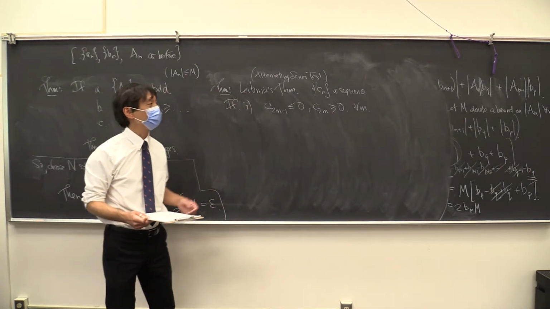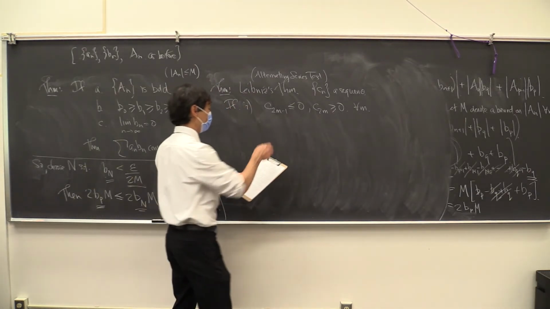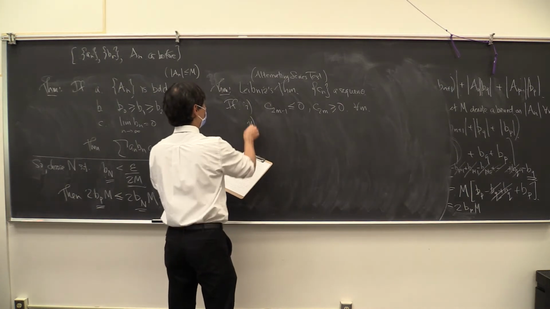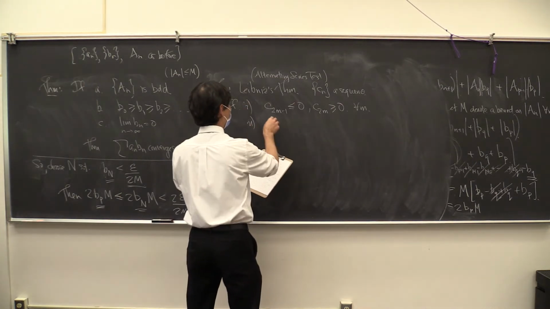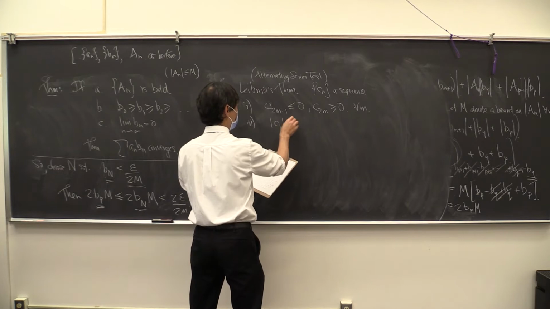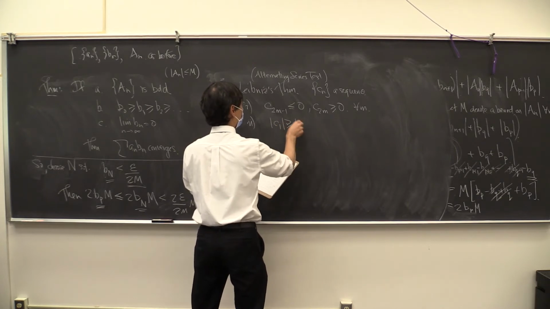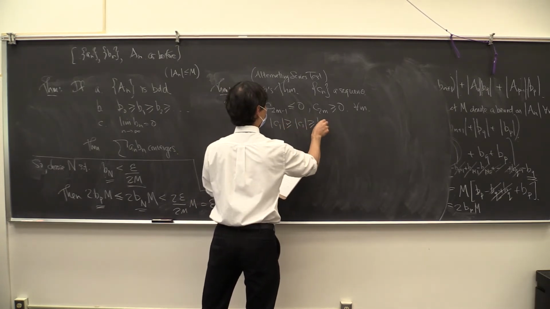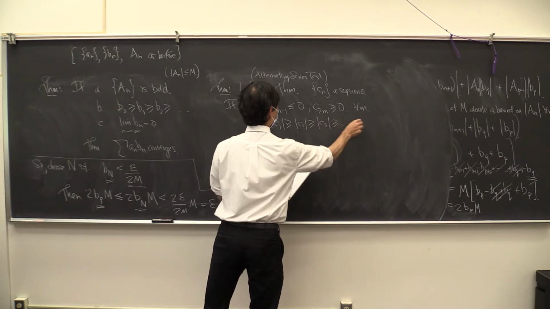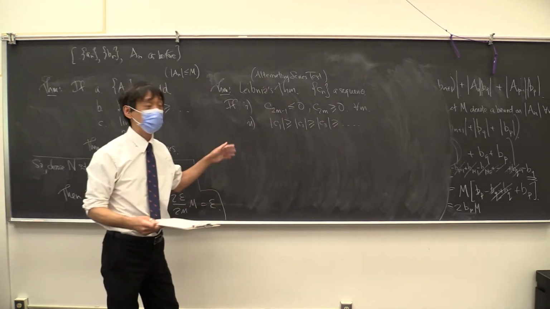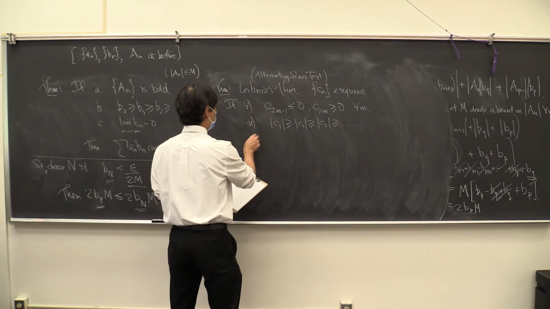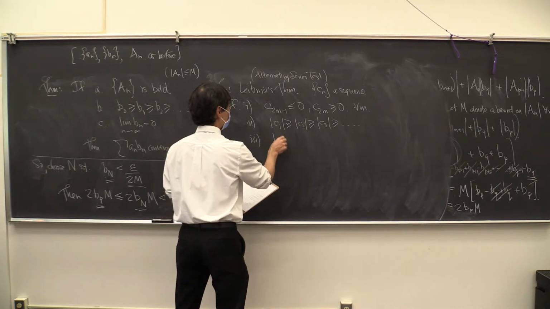So they're alternating in sign, or maybe they're zeros, it doesn't matter. And you have a couple of conditions: the magnitudes of the terms are decreasing, and they are decreasing to 0.